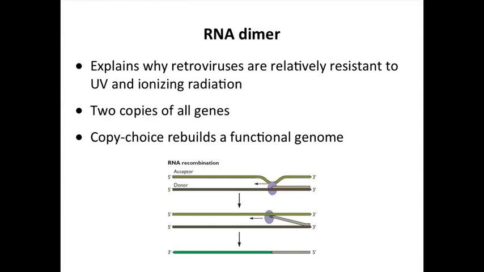When the polymerase just switches back and forth, eventually by chance it's going to make a copy that's intact. And of course that's the only copy that will multiply. It may have some changes in it, but it will be viable. Okay, so that's why we think that these viruses have 2 copies of all genes to make them resistant to these insults.